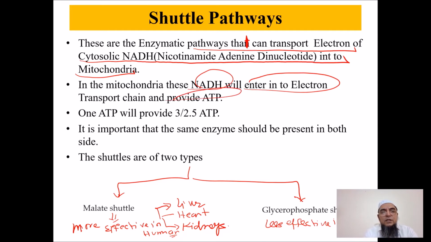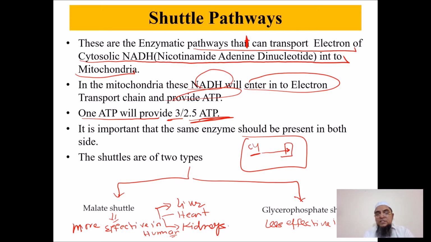As we said earlier, 1 NADH will provide 3 ATP. The new system says 2.5 ATP. It is important that the same enzyme should be present on both sides. So if this is a cell, this is the mitochondria, this is the cytoplasm, and if enzyme A is catalyzing a reaction here, it should be present inside as well.